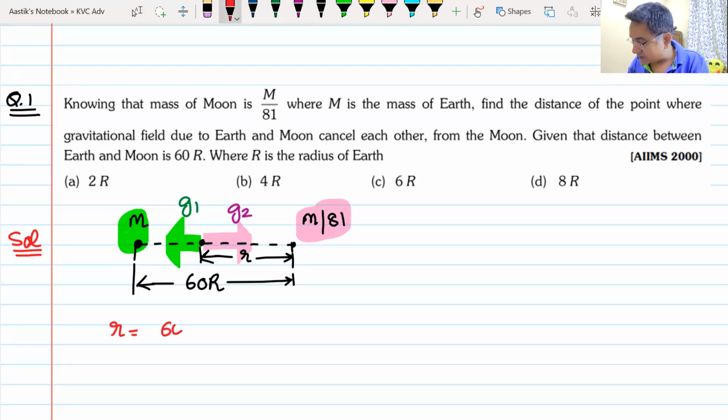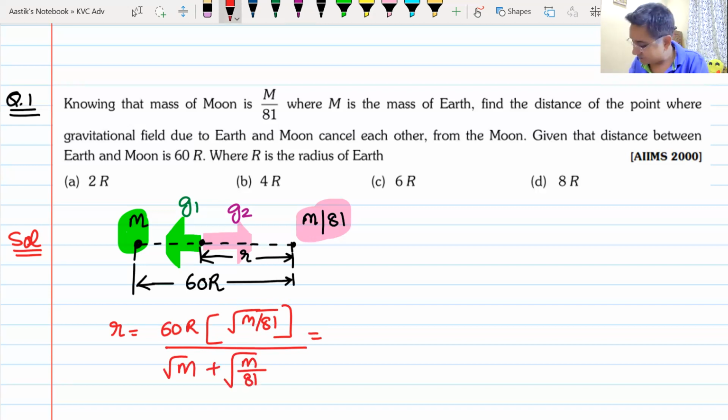The distance between the two is 60 R multiplied by root m divided by 81, divided by root m plus root m by 81. That is the answer, my dear friends. And I think you will get 6 hours.